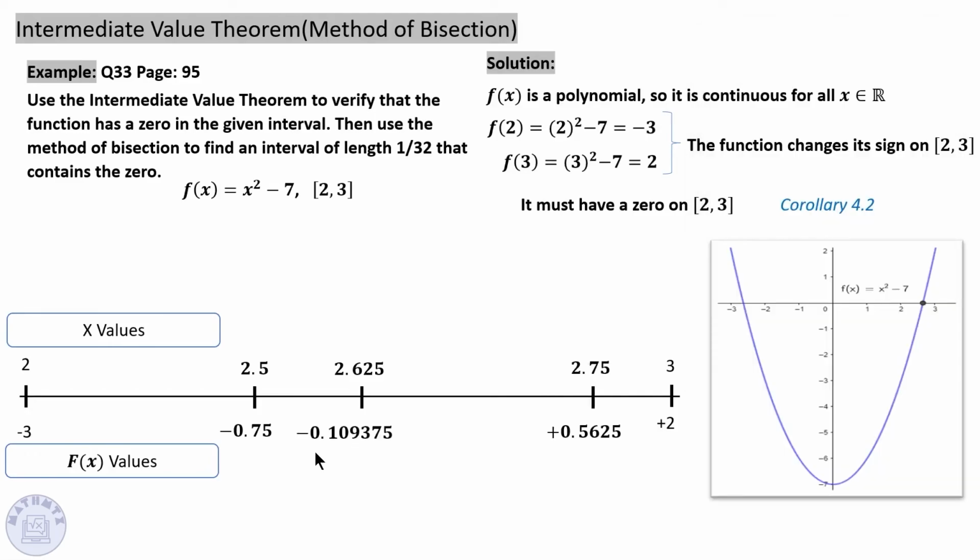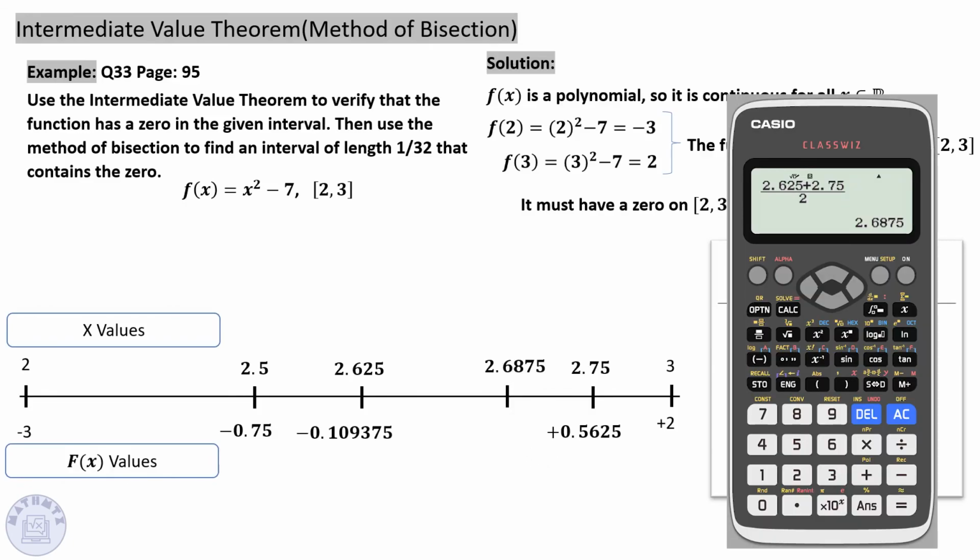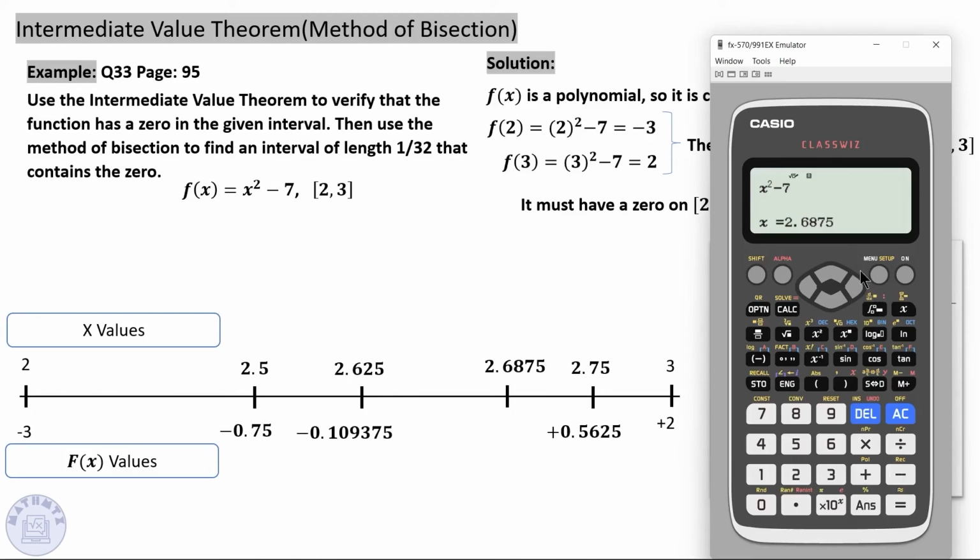Now we will keep on bisecting the intervals with the different f of x signs. Now calculating the midpoint, it will be 2.6875. Substituting the value in our calculator, this gives us a positive value.